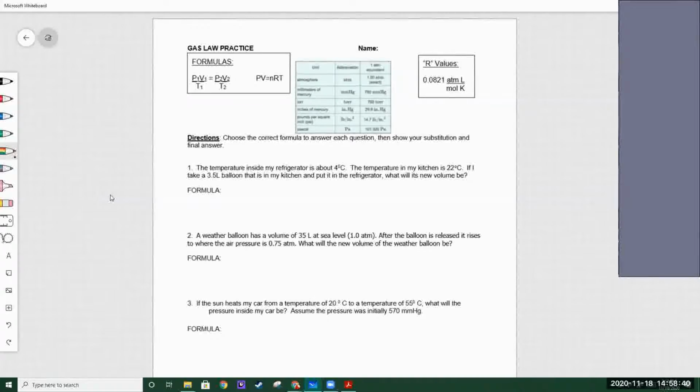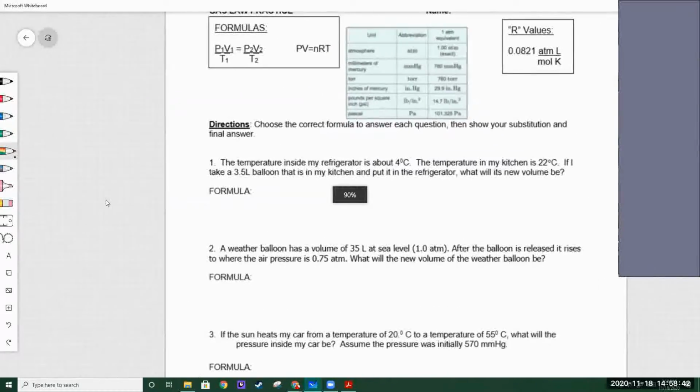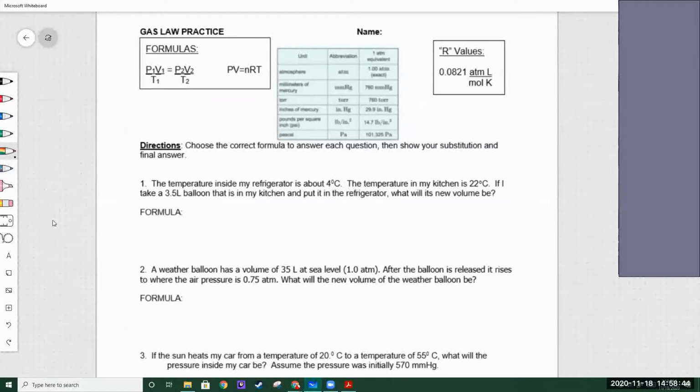So for the first one, it says the temperature inside my refrigerator is 4 degrees Celsius. So this gives me my initial temperature. The temperature in my kitchen is 22. This gives me my second temperature.